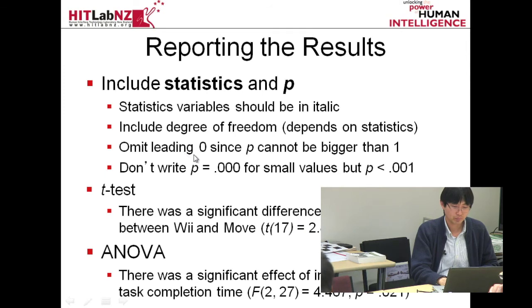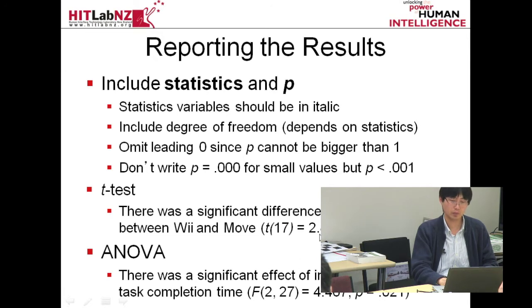So again, you'll have to report the distribution the test is using. So if it was a t-test, it's the t distribution. If it was ANOVA, it's the f distribution. And the degree of freedom will be printed out by the statistics tool, and it depends on the test you are doing.